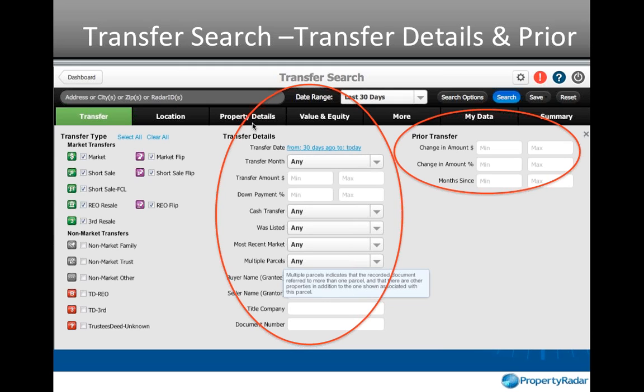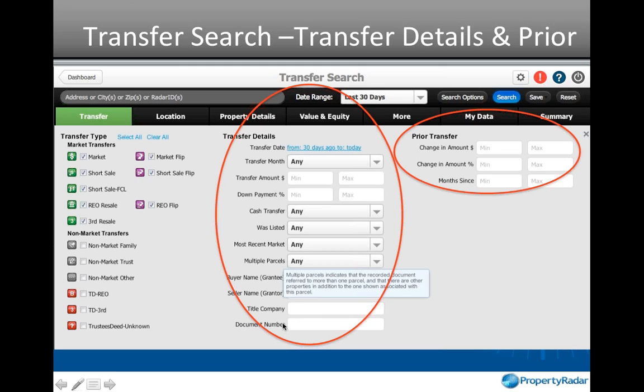They may not own that property today, and when you're searching for ownership, that's who owns it right now. Whereas buyer is who bought it at any given point in time. Transfer search goes back years and years and years. So just because they bought it 2 years ago doesn't mean they own it today. That's an important distinction, that buyer and seller is useful versus owner.